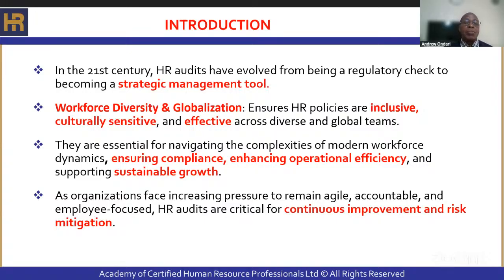For example, we are talking about the various functions of human resource management, which we should be auditing. For example, recruitment and selection. When we audit recruitment and selection, we are likely to have the right people doing the right things in the right places and at the right time. Once we have this kind of people, they will be performing their tasks or jobs efficiently and effectively.